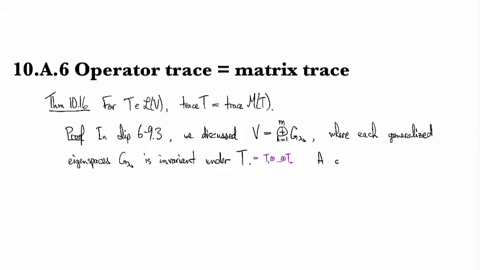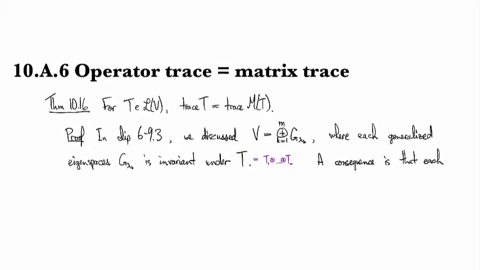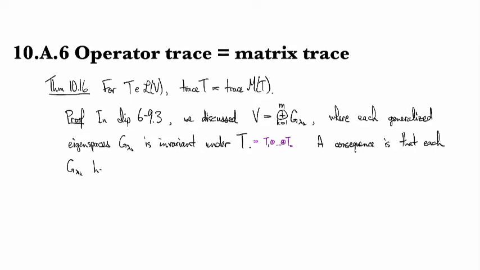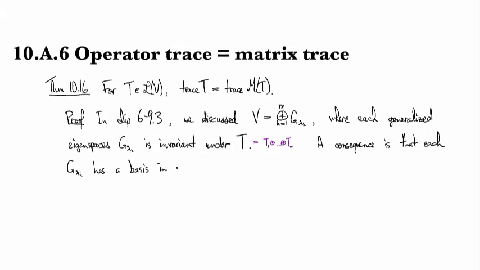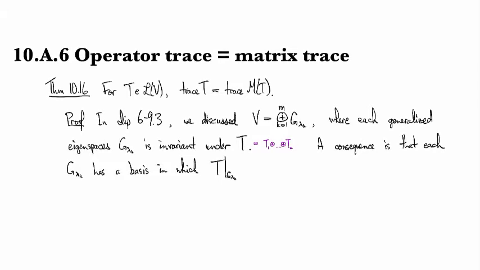So a consequence is that each of these generalized eigenspaces has a basis in which T restricted to just that eigenspace is upper triangular.